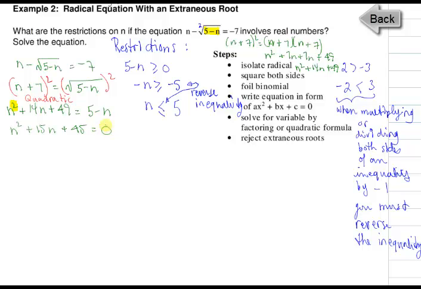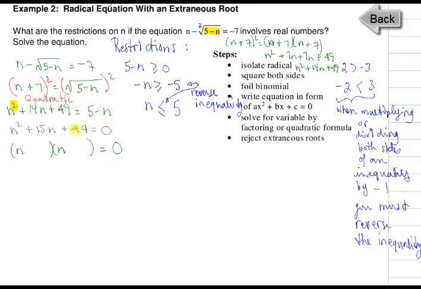Okay, so from here you can do one of two things. You can solve for your variable by factoring if your quadratic is factorable, or if it's not, you can use the quadratic formula. Now this one is factorable. So the two numbers that multiply to give me, oops, this is 44. Sorry, because 49 minus 5 is 44.